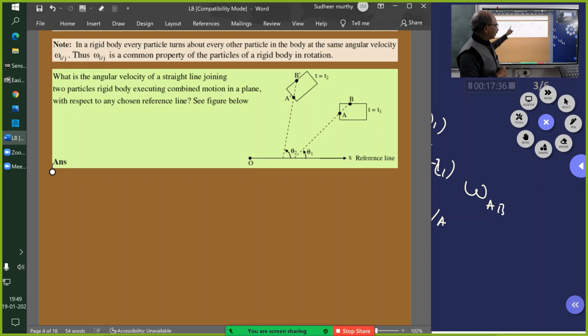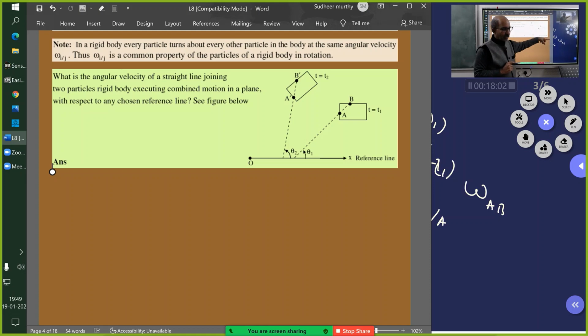Otherwise you should not. See, in the previous case I first took a point, R1 bar, R2 bar. I referenced those 2 points with respect to a reference point outside the body, and we got the omega there. And now I have taken a reference line and handled it like this.